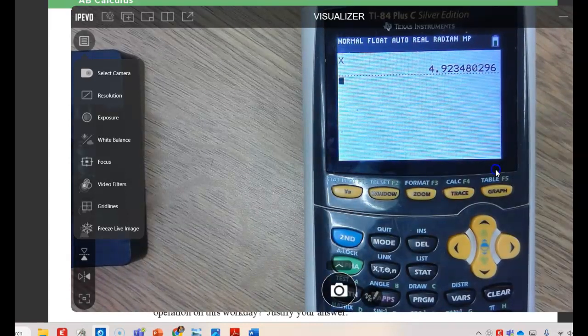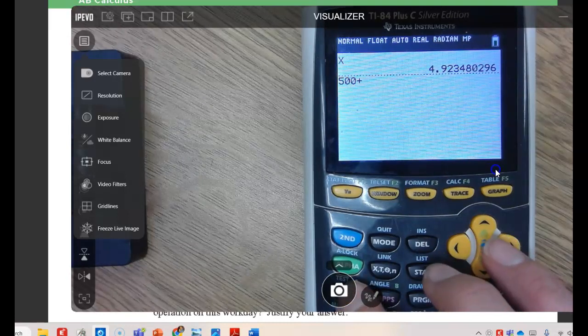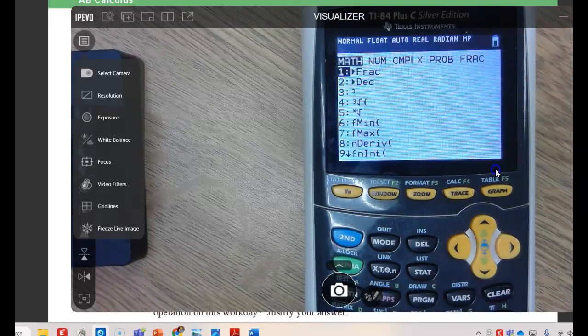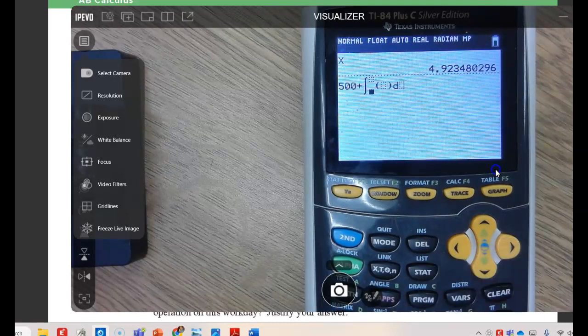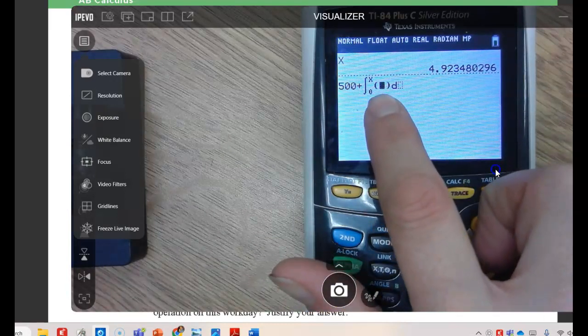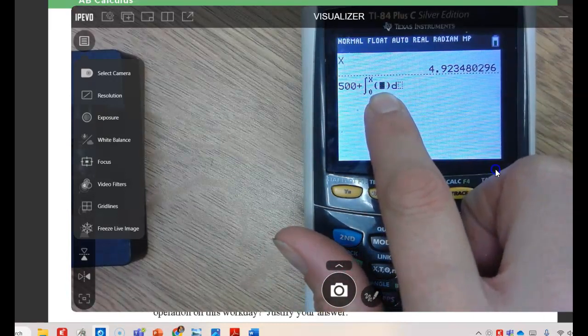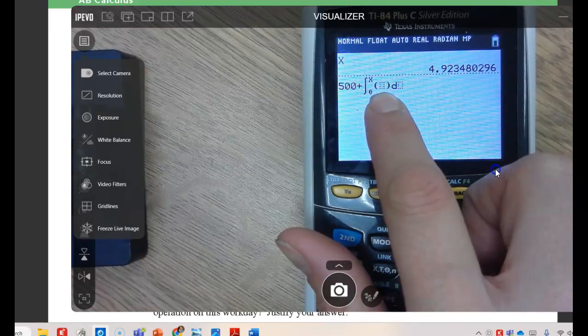Why is that important? Well, we want to integrate the function A that is represented by 500 plus the integral from 0 to that X value, and we want to integrate G. Look at this, ready?